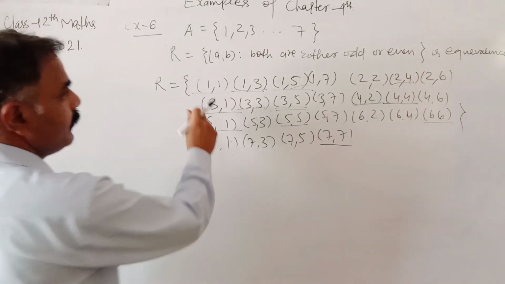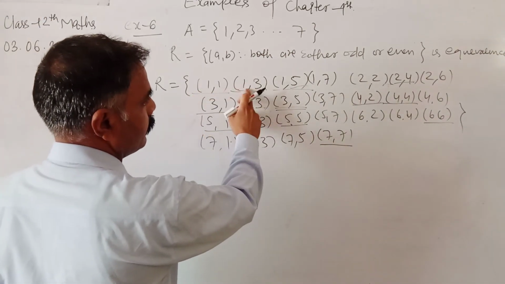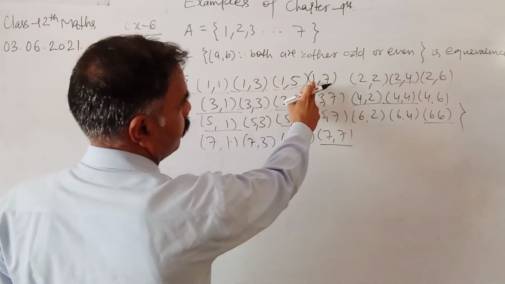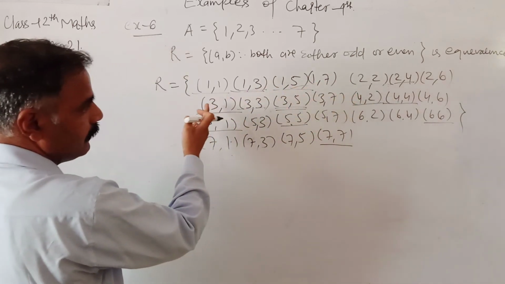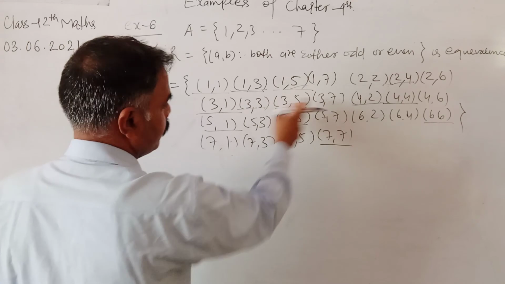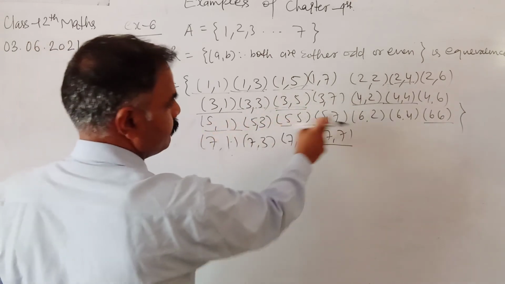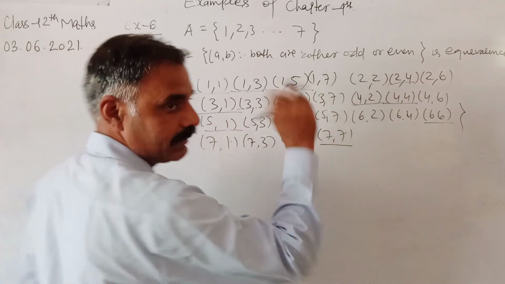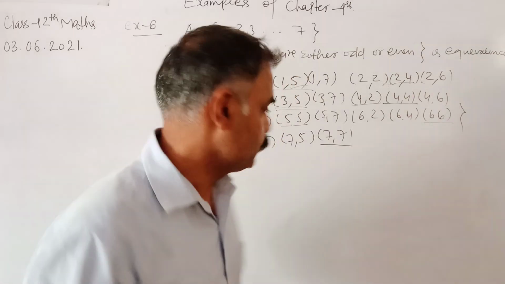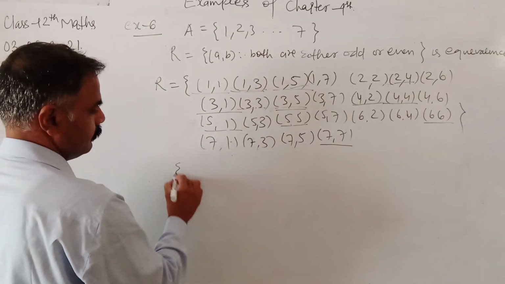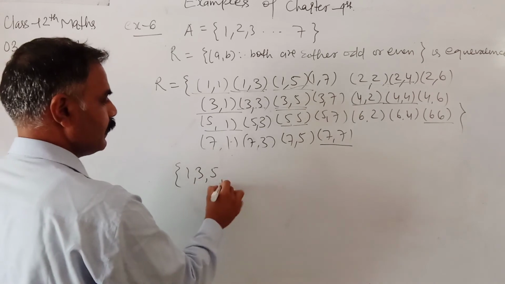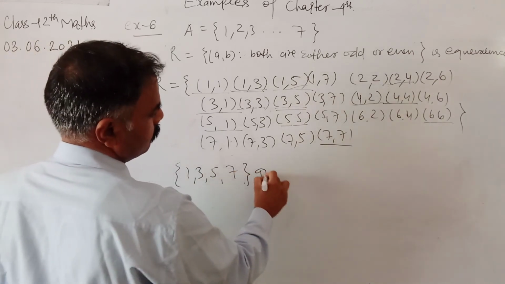Here we can see that 1 is related to 1, 3, 5 and 7. Similarly, 3, 5 and 7 are each related to 1, 3, 5, 7. So we can conclude that 1, 3, 5, 7 are related to each other.